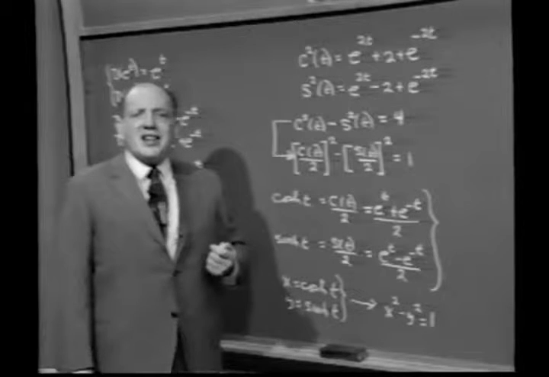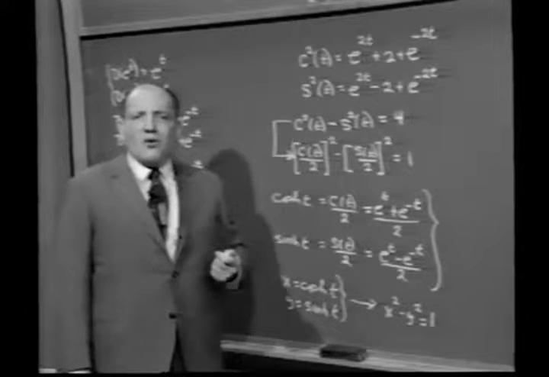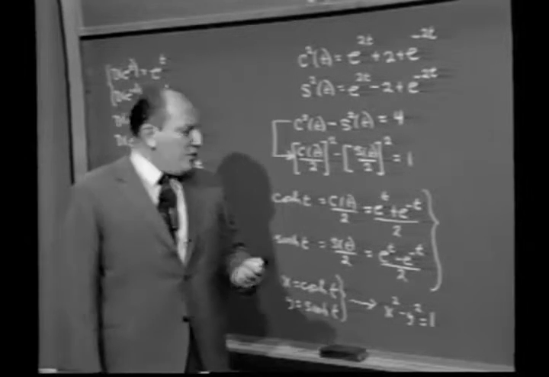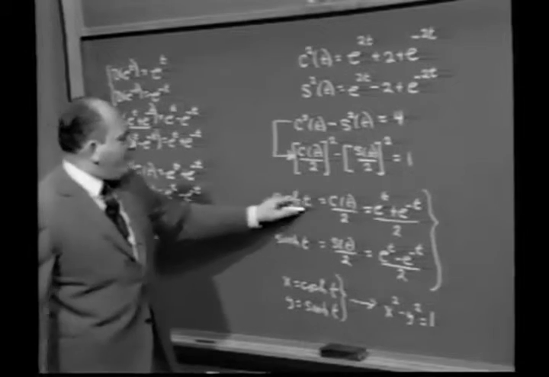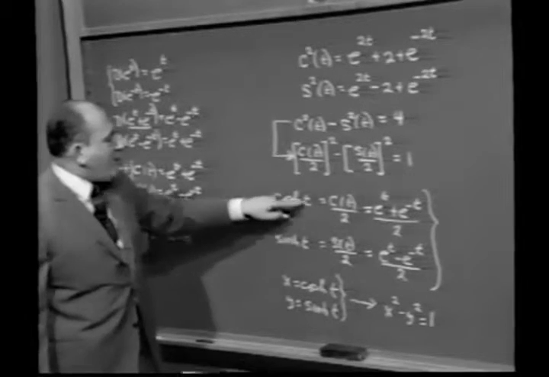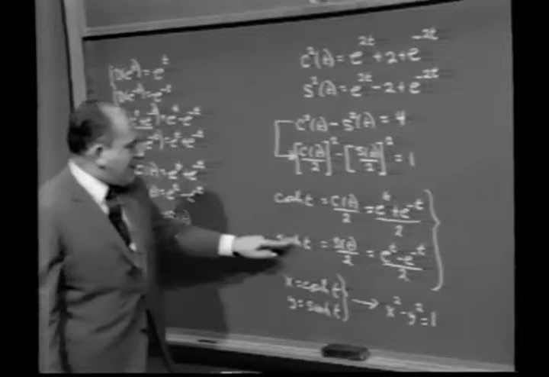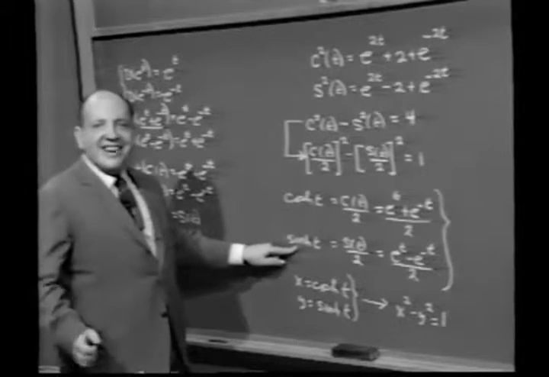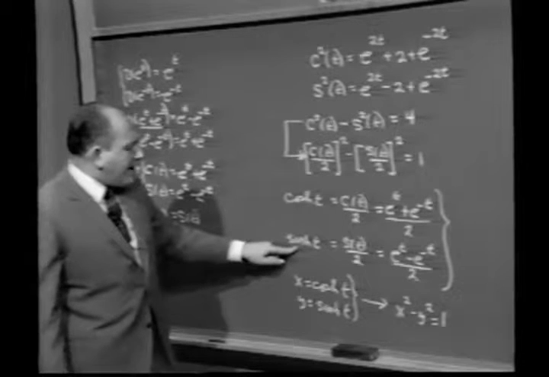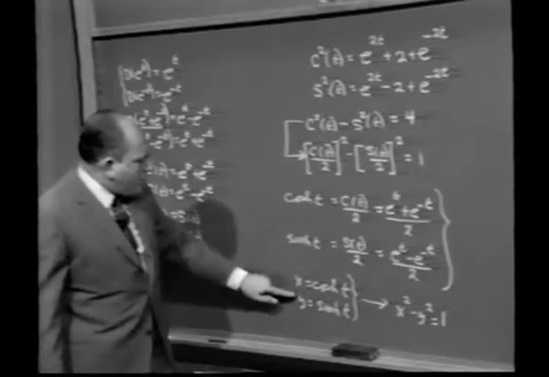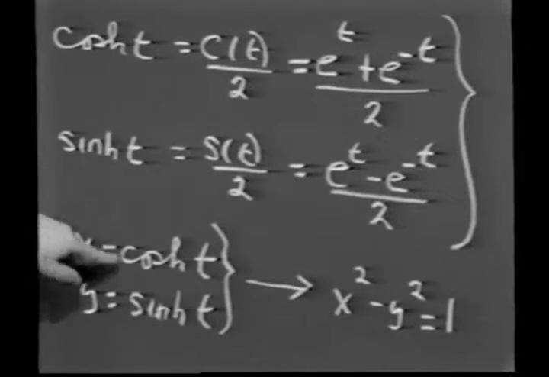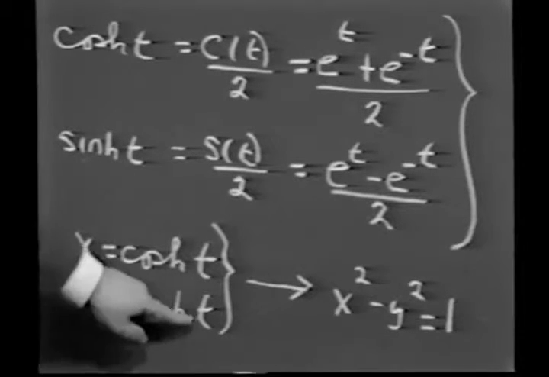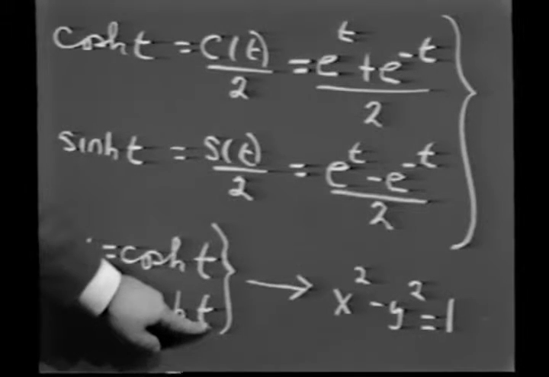In fact, this is now the connection between what we were doing a few minutes ago and what we're doing now. Namely, if I now call this cosh t, and I call this sinh t, do I get my basic hyperbola? Namely, suppose I take a curve whose equation is given parametrically by x equal cosh t and y equal sinh t.